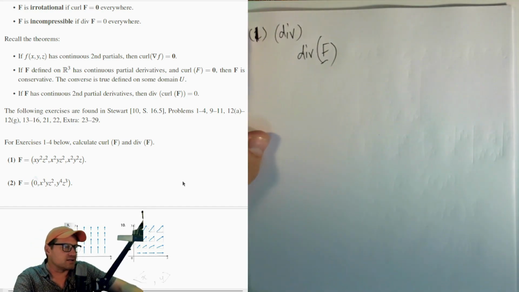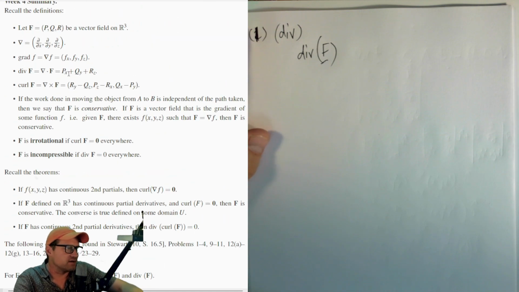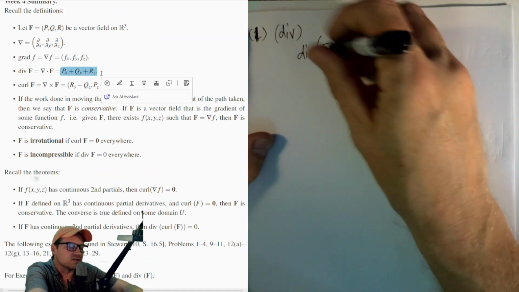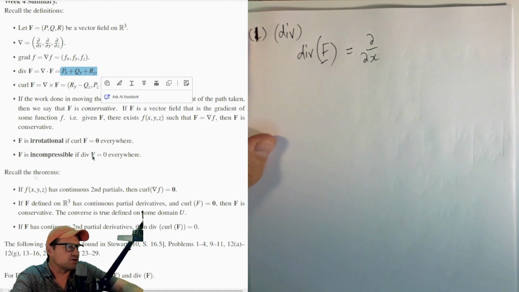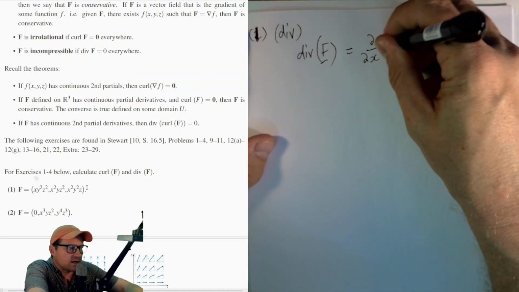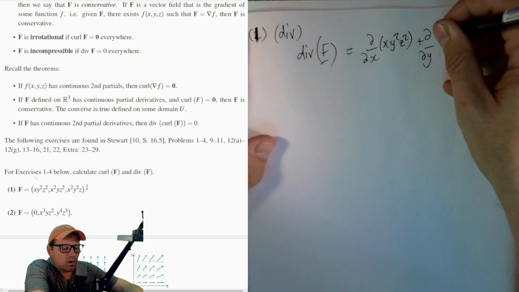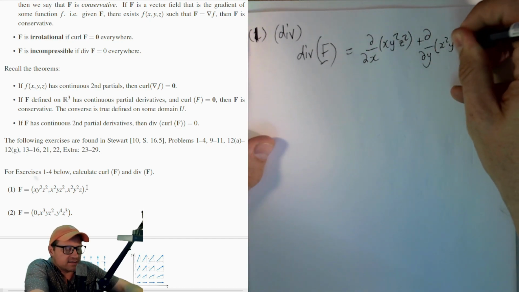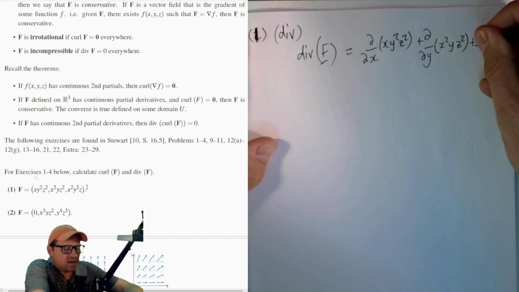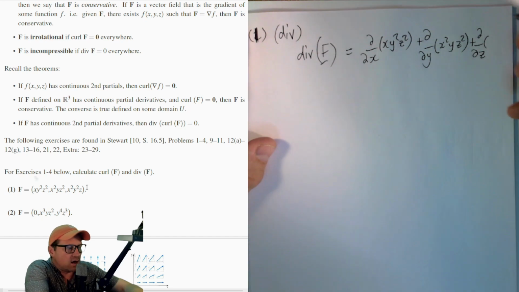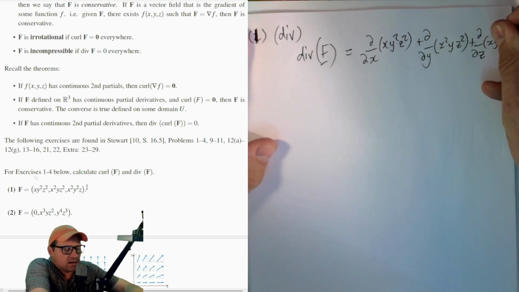Remember, div is the sum of the partial derivatives. So up here, sum. So this is scalar. So we're differentiating with respect to x, y squared, z squared, adding the derivative with respect to y of x squared, y, z squared, and adding to that the derivative with respect to z of x squared, y squared, z.